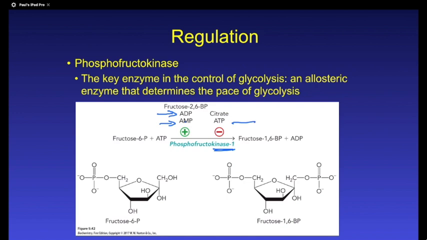On the other hand, if we have lots and lots of ATP, we may not need to use our sugar to make ATP. At that point, we may want to store our sugar for later use, because right now we're flush with ATP, so we are not going to continue to break it down.